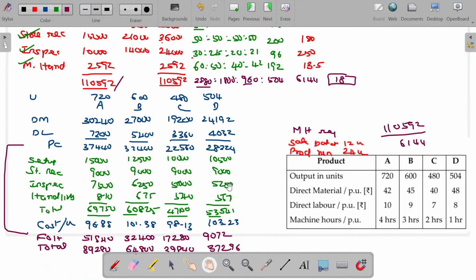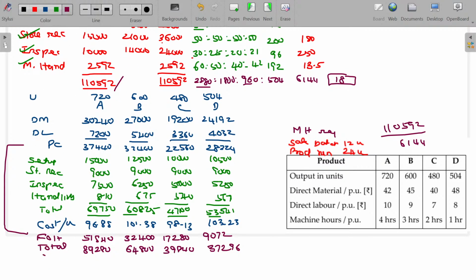Find out the cost per unit. These are absorption costing; the other one is ABC costing. Cost per unit: 124, 108, 83, 74.